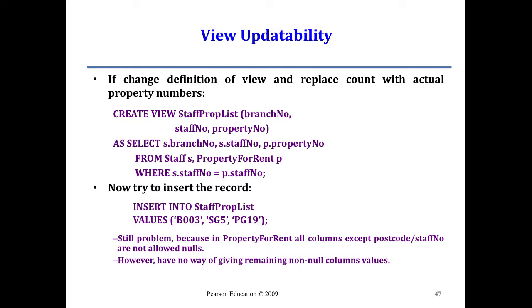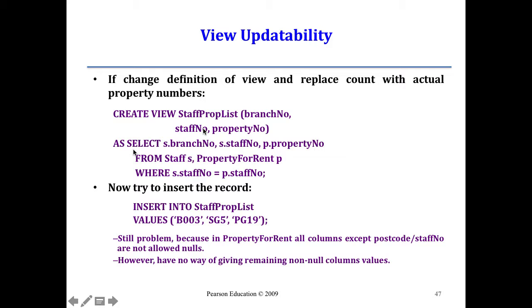Okay, let's say, I'm going to be a little different. I'm going to create a view where I am going to be keeping track of all of the property numbers managed by every staff. So now I took out the aggregation operation.